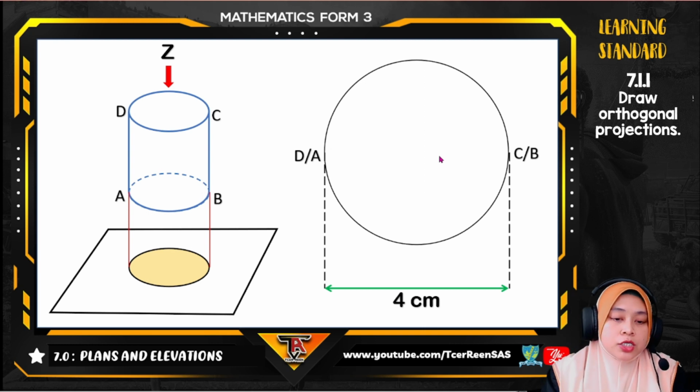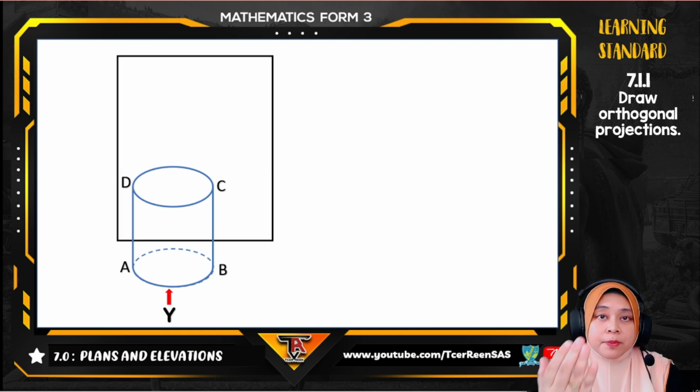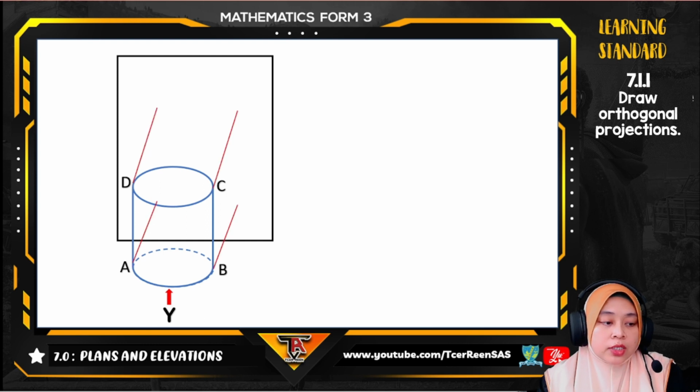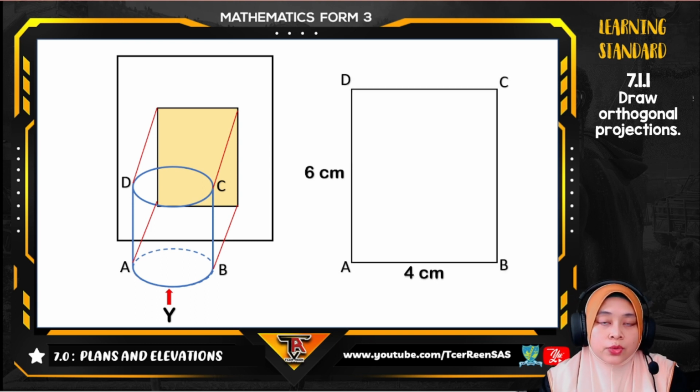Next is from the front. Front view, so the plane is at the back, the vertical plane. What you can see here is a rectangle, just a simple rectangle. Then you just label it.